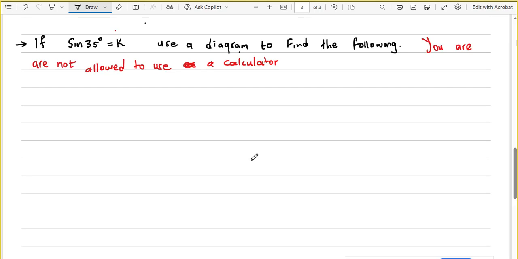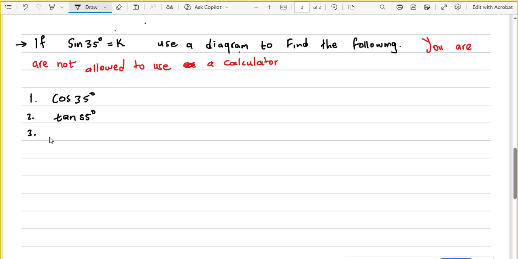Yes. So they will say, use the calculator to answer the following questions. Let's say the first question, in most papers, it will be question 5. They will say cos 35. We need to find cos 35. Number 2, let's say they want you to find tan 55 degrees.